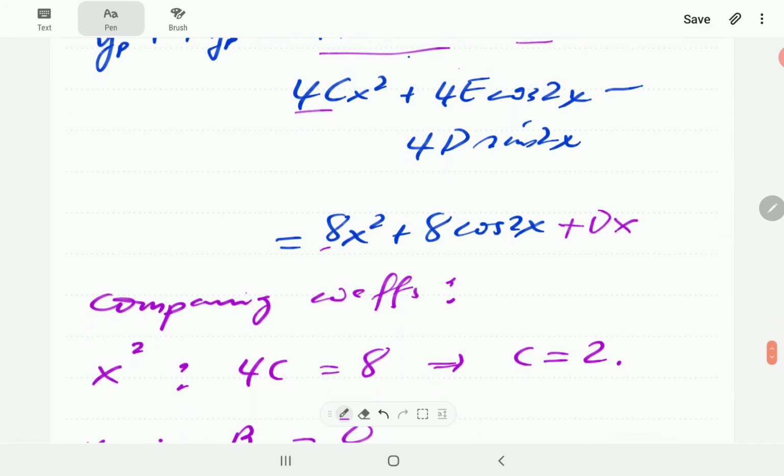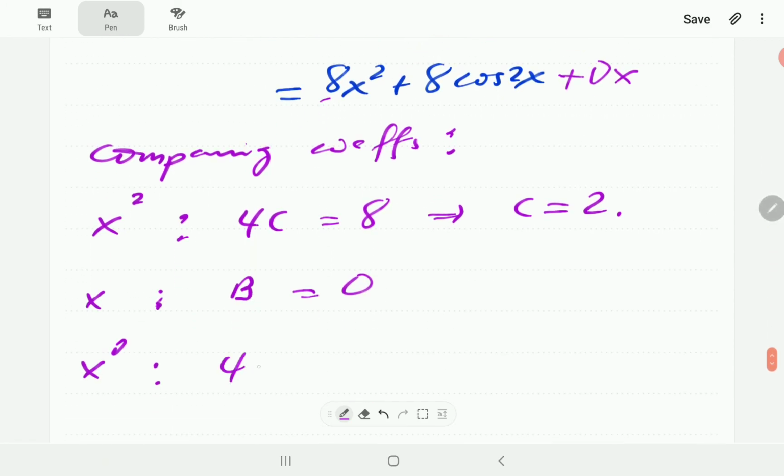C we already know is 2, so this is 4a plus 4. On the right hand side there is no constant, so this must be equal to 0. This is telling us that a must be negative 1.